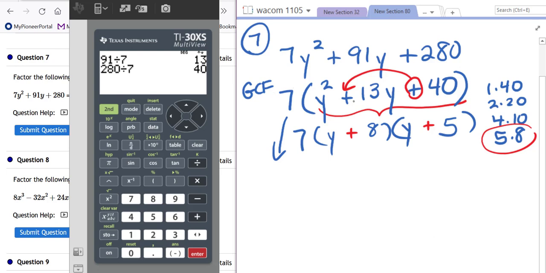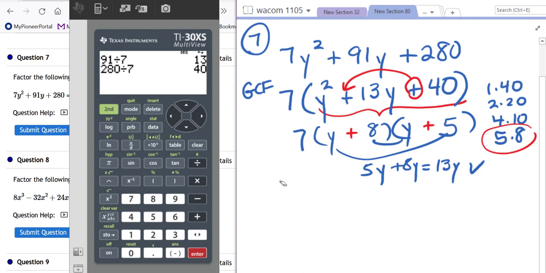I would have checked when I took the 7 out. Now I'm just going to check this piece to this trinomial. And there's not extra variables. I'm just going to check outside and inside. So 5y plus 8y is 13y, and I'm happy. But you do need to make sure that you bring that 7 down with your answer.